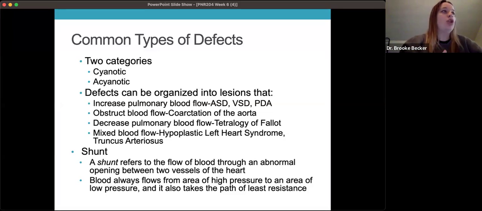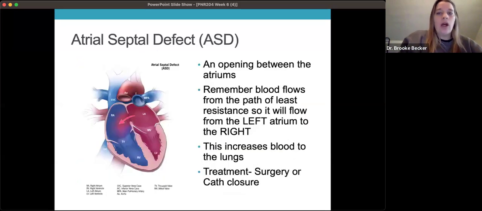So the blood's always going to try and go the path of least resistance. So from left to right. Okay, ASD. So here, you can see on the picture here, typically there's no opening here.